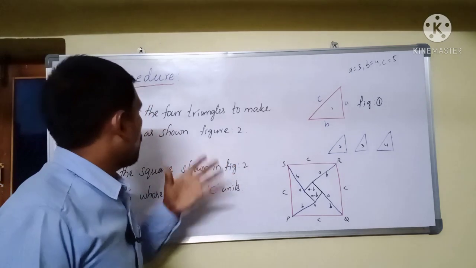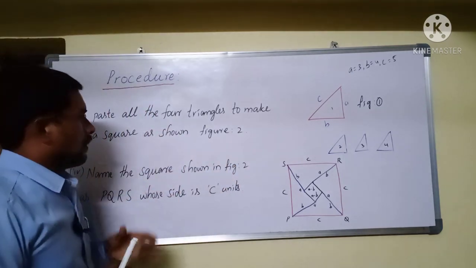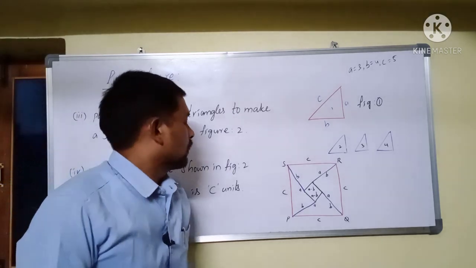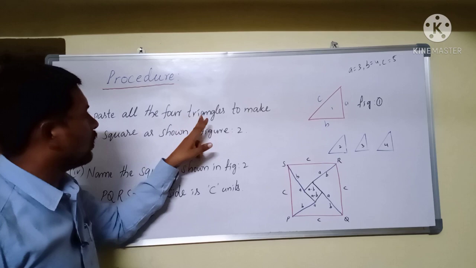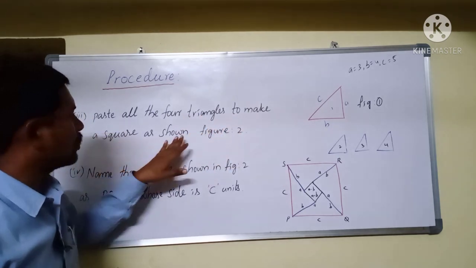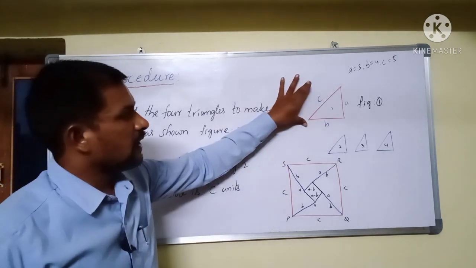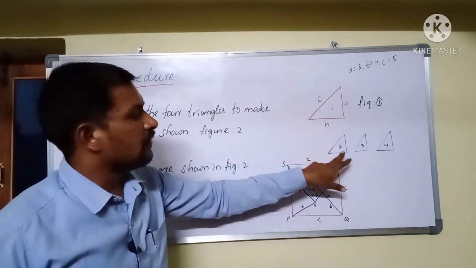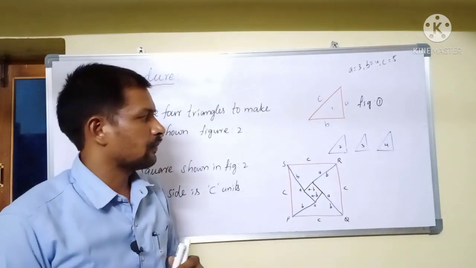Right. Now we will discuss procedure point number 3. So what is point number 3? Paste all the 4 triangles to make a square as shown in figure 2. Previously we have 4 different colored right angle triangles.